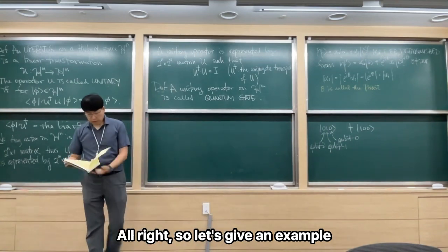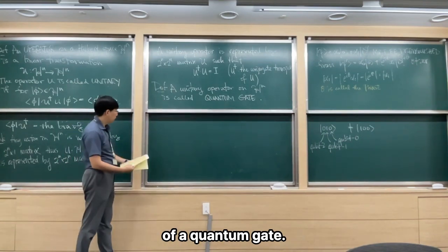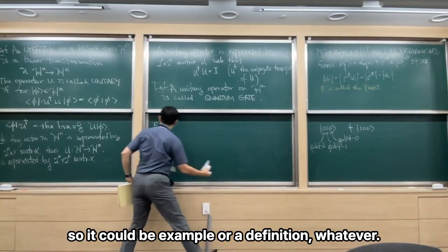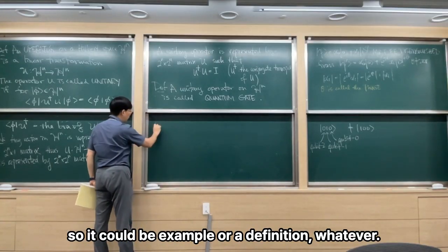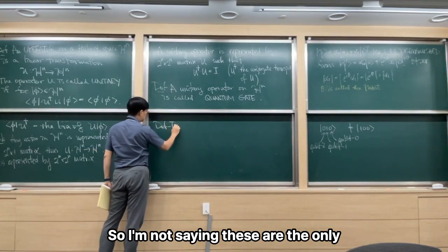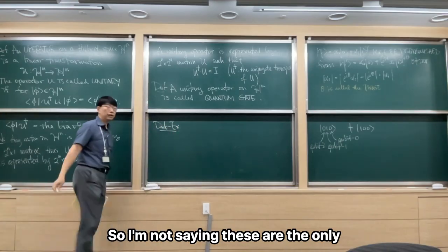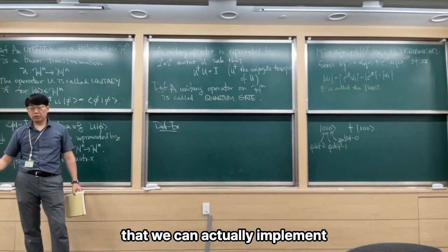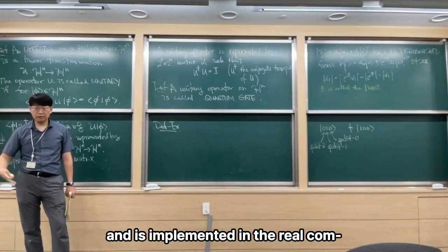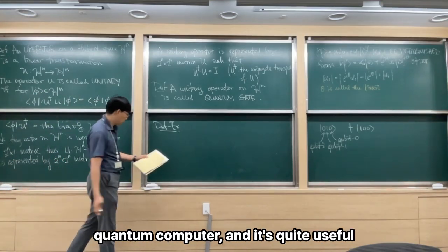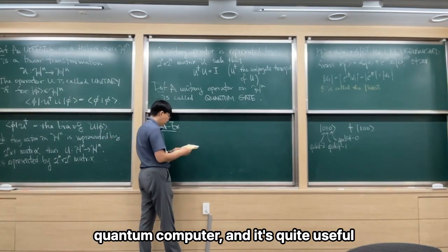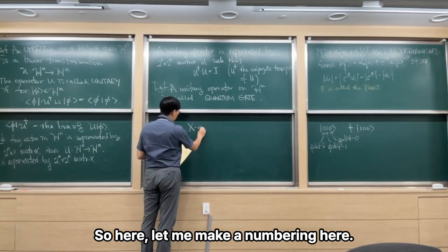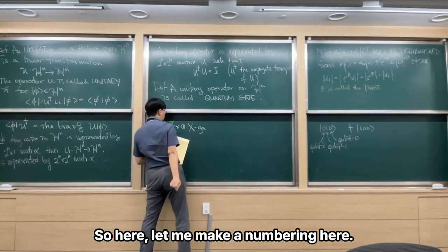All right, so let's give an example of a quantum gate. Well, actually, it's a definition, so it could be example or definition, whatever. I'm not saying these are the only quantum gates, but these are the ones that we can actually implement in a real quantum computer, and they are quite useful in carrying out quantum computation. So let me make a numbering here.